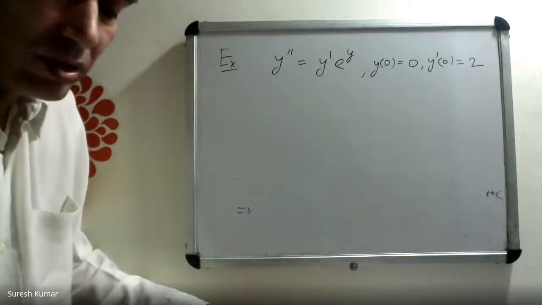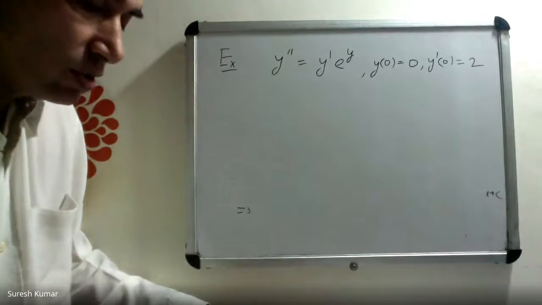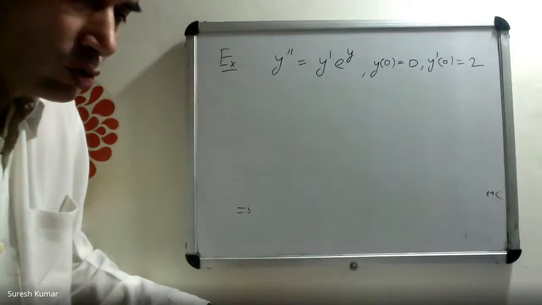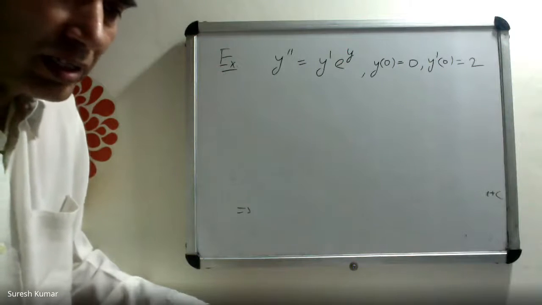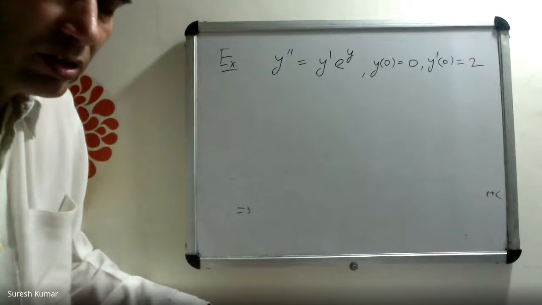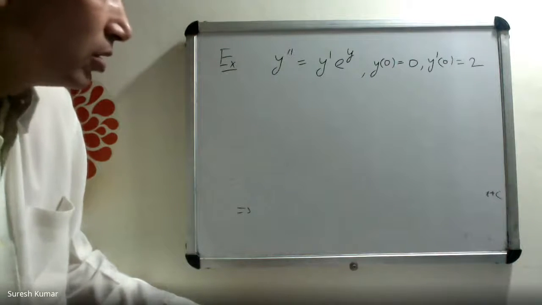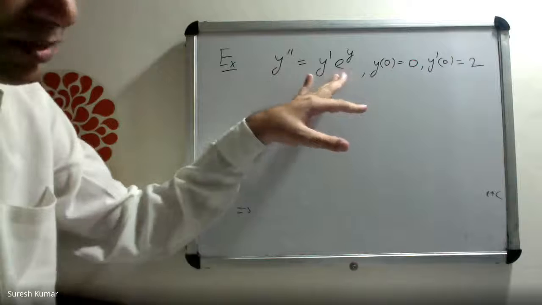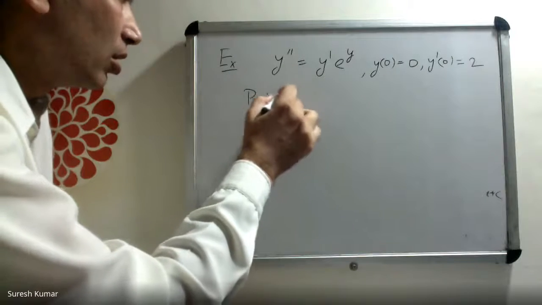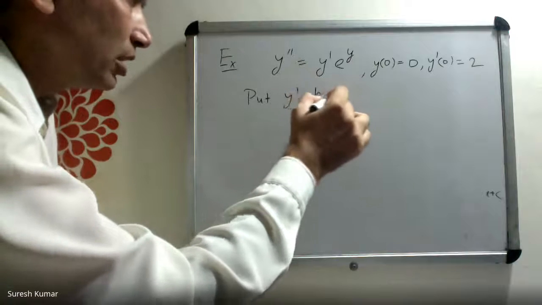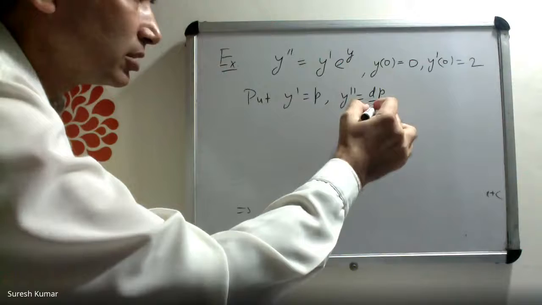It is a second order differential equation, right? For second order differential equation, you know two approaches. Either x is absent or y is absent. Accordingly, you can reduce the order and make it first order and then solve it. So what is absent from it? X. So you will put y prime equal to p and y double prime equal to dp over dx.